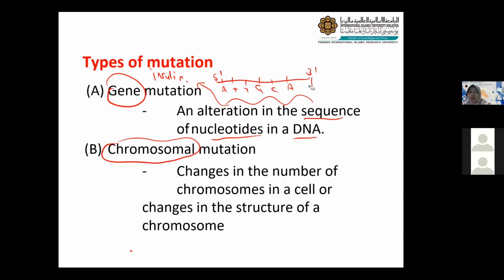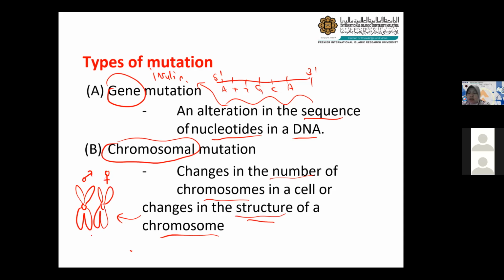As for chromosomal mutation, it is a change in the number of chromosomes or a change in the structure of chromosomes. What does it mean by change in structure? Let me give you an example. Let's say this is a homologous chromosome. Sepatutnya setiap kromosom kena homolog sebab one chromosome datang daripada ayah, satu kromosom datang daripada mak.